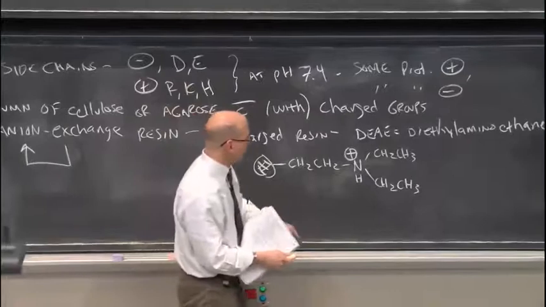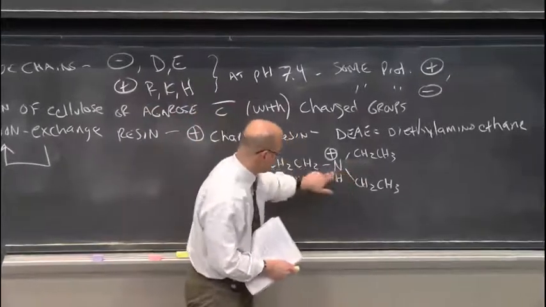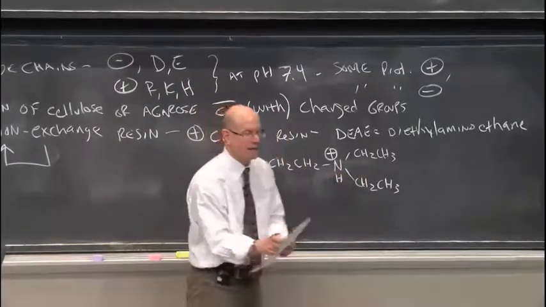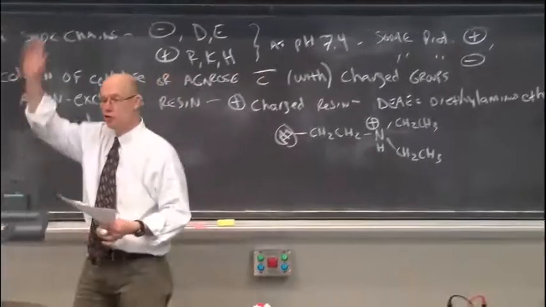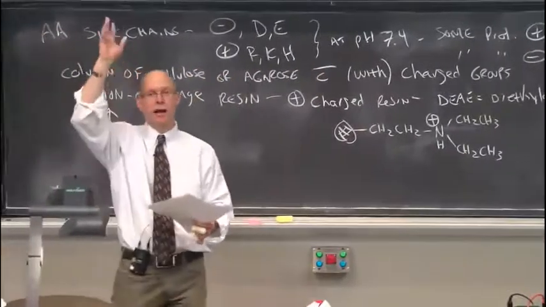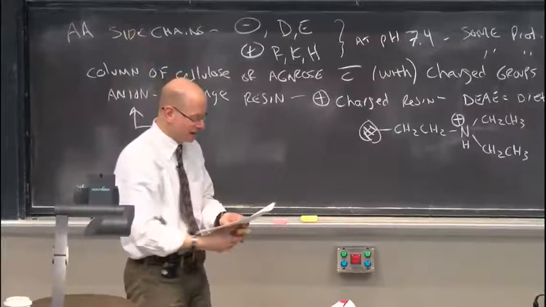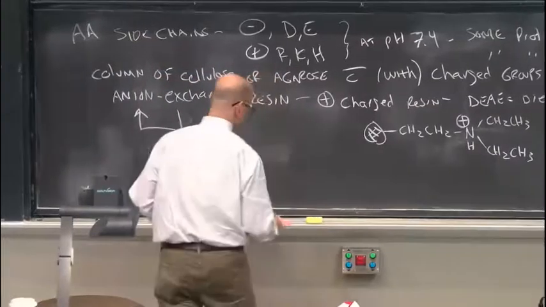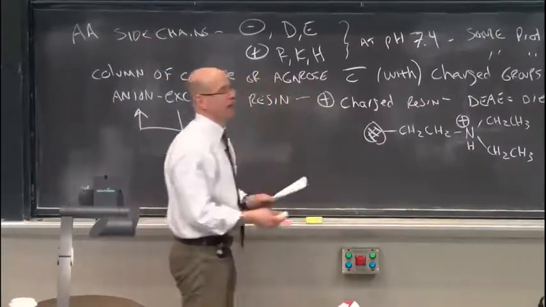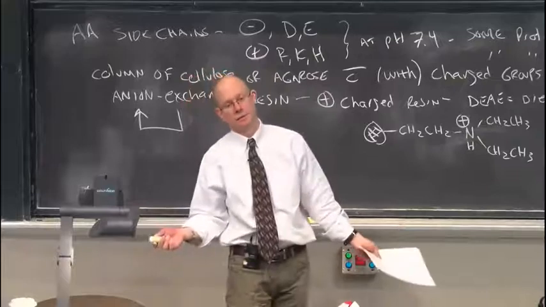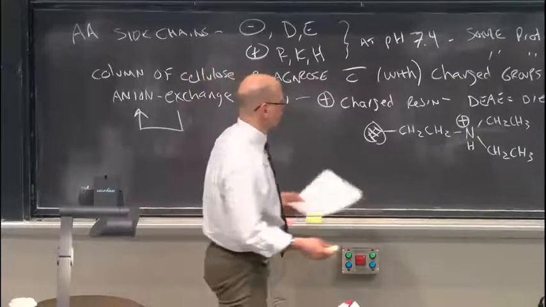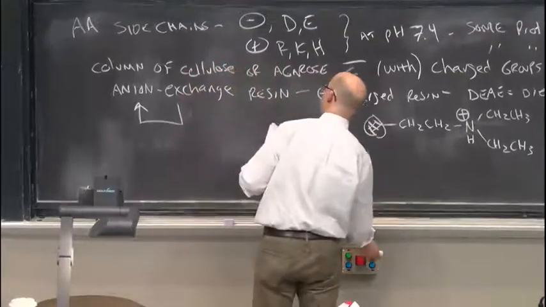So, diethylaminoethane, DEAE. Anybody here ever seen a mono Q column, or a Q column? That's what this is. That's basically this, okay? Now, this would work if my protein had what charge? Negative charge. This will work for proteins that have a negative charge. I can separate them.